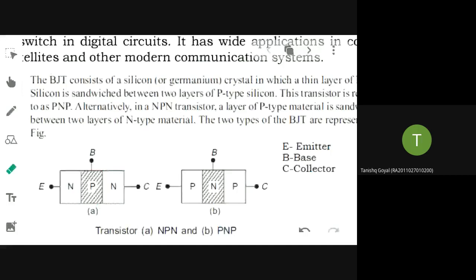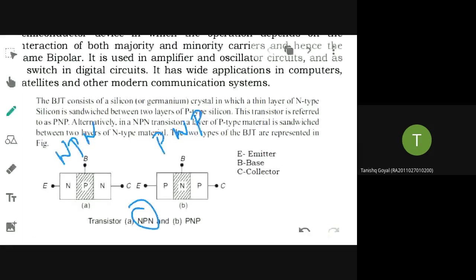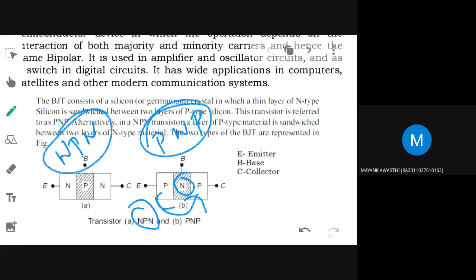But on the other hand, if you want to manufacture a PNP, then how will I get the construction? Totally reverse. N is sandwiched between two P layers. In that case, you will be able to obtain a PNP transistor. But the terminals are the same. For either case, it will be emitter, base, collector only.